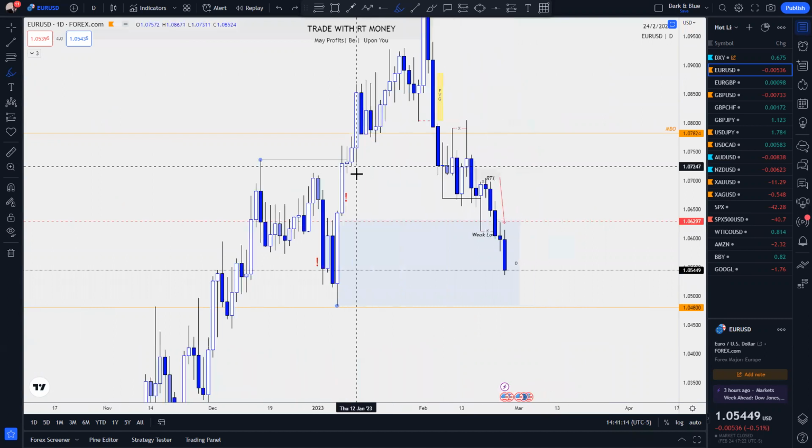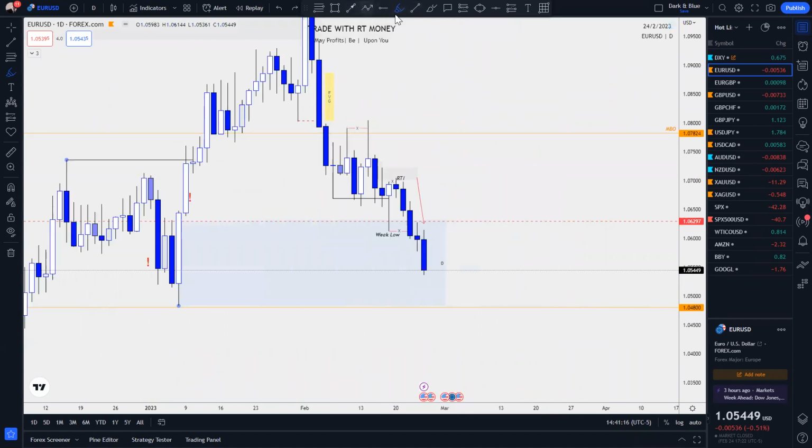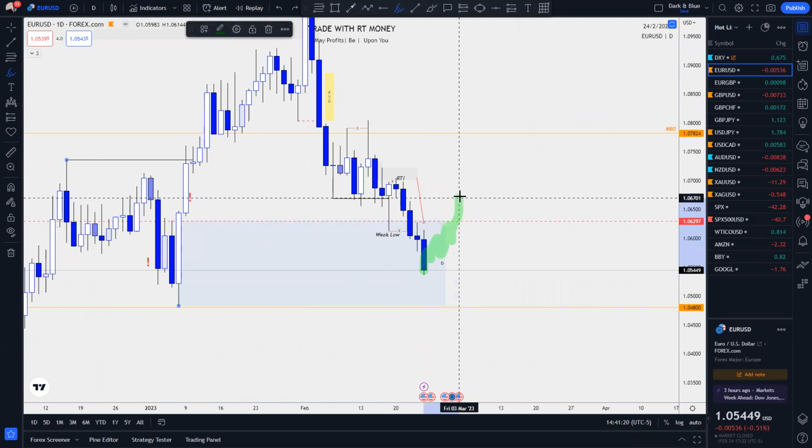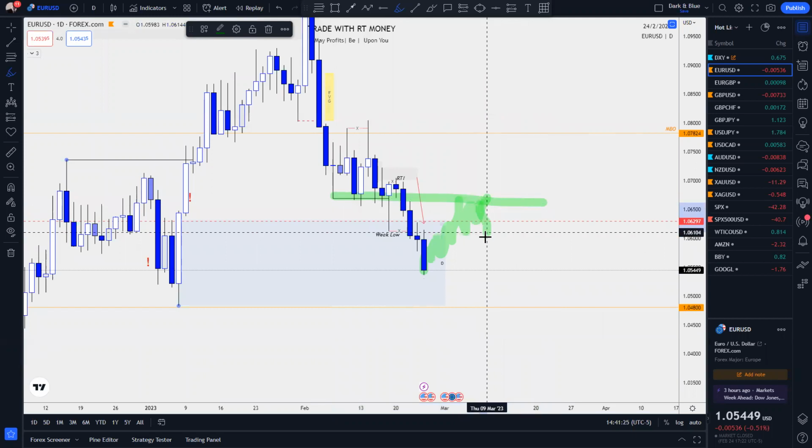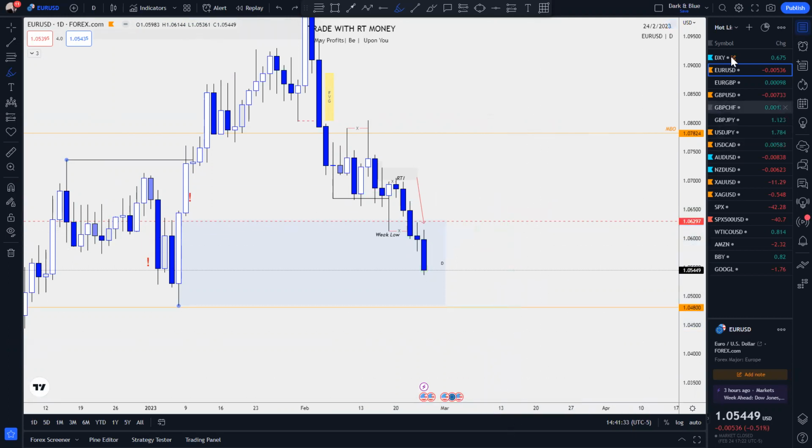You want to see price flag. Once it starts flagging, up and down, until it gets to an area where it leaves, breaks market structure and pulls back, that's where you want to get in, and that's where you want to take your sells. I just helped you out there.